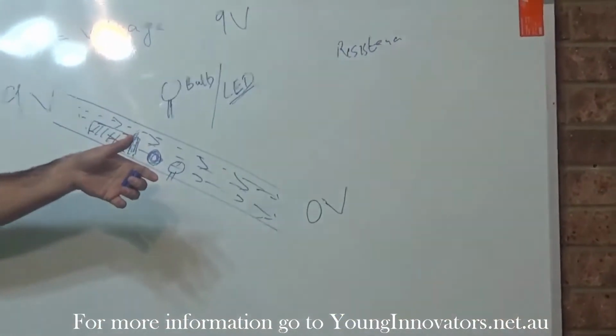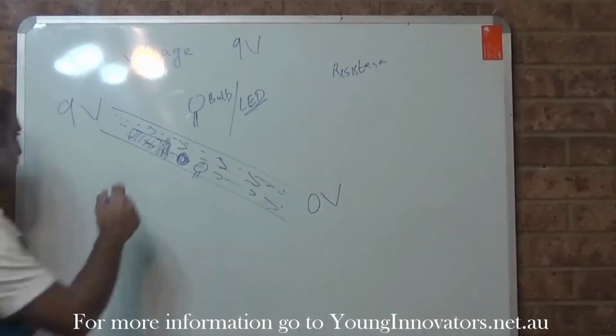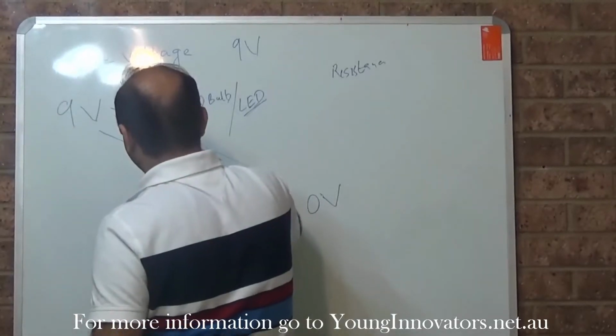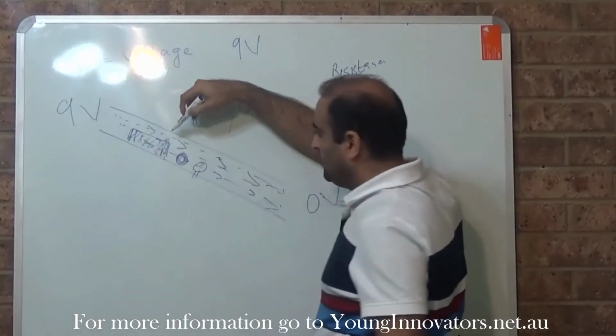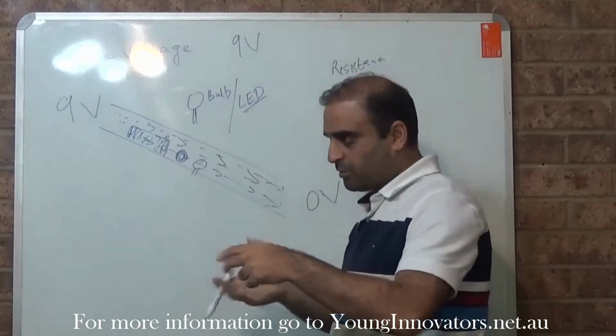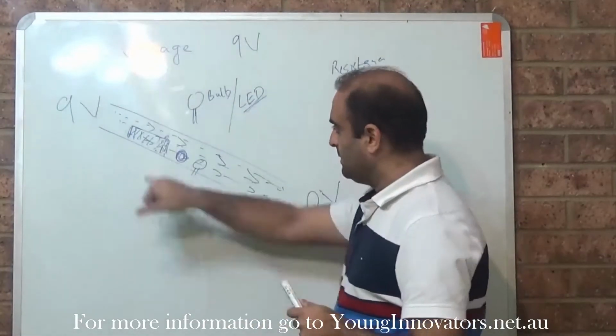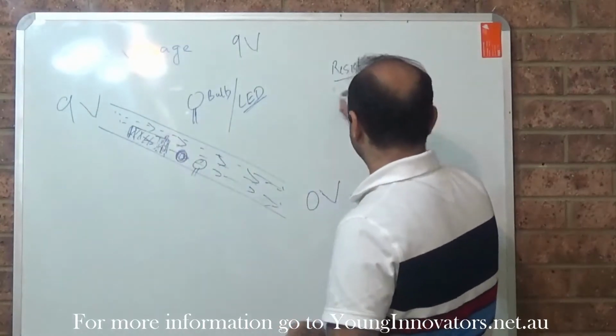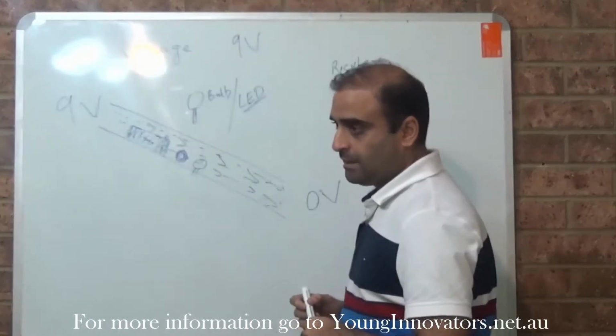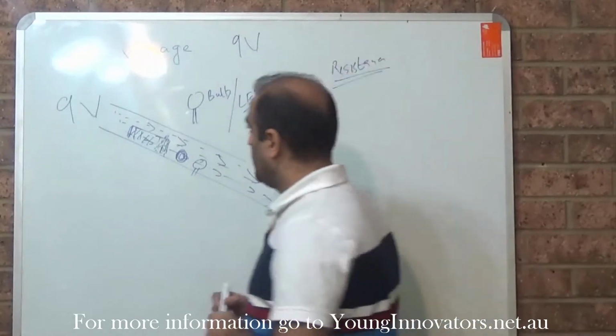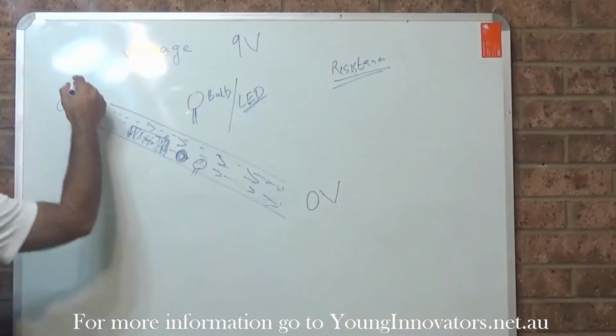Does it make sense? That brick that I put in the flow of water, just to decrease the rate of the flow of the water, is called resistance. Okay? So now we learn another concept.